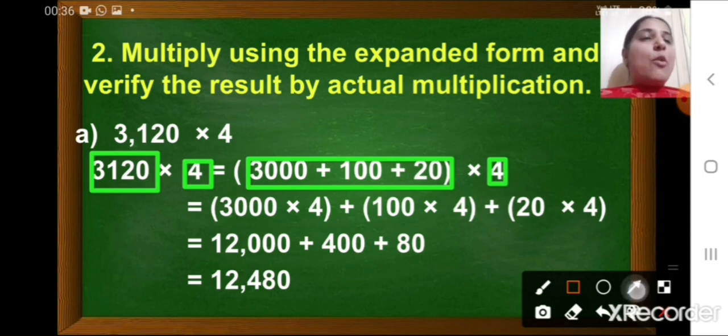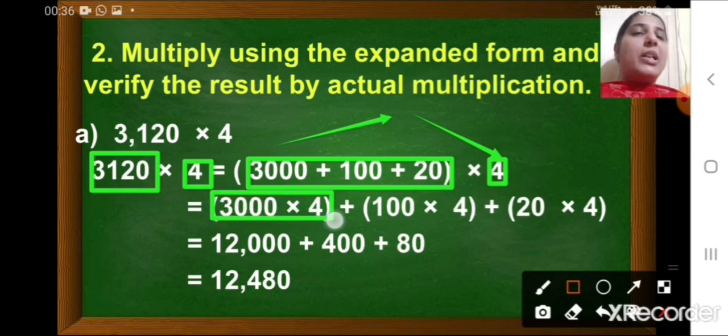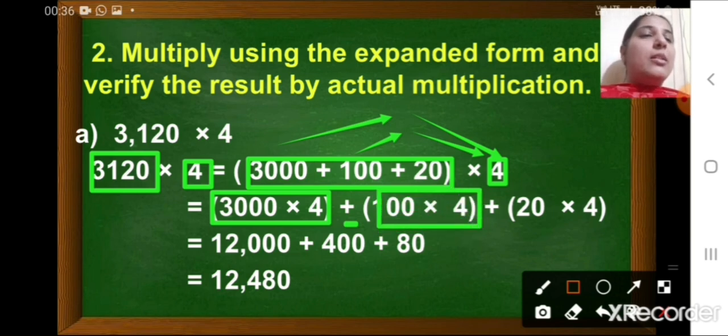So first, now what are we going to do? First we will multiply this 3,000 by this number 4 here. So you can see here, we have written 3,000 multiplied by 4, then plus 100 multiplied by 4, and then plus 20 multiplied by 4.